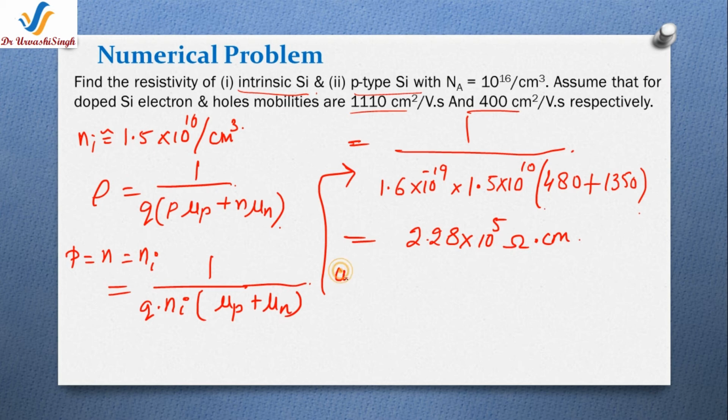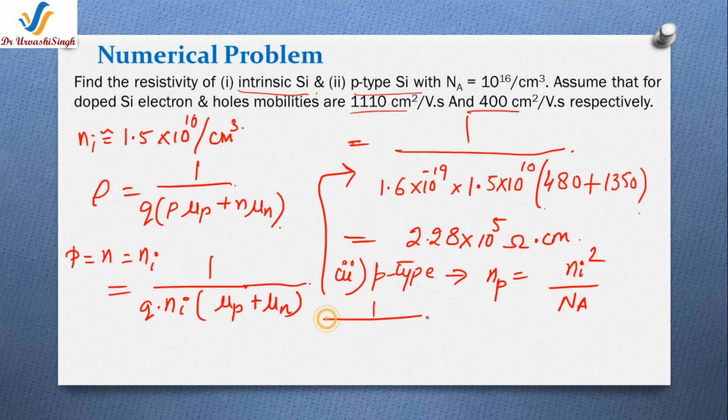Now for the second case, the acceptor atom concentration is given. So in p-type material, the electron concentration is given by Ni square upon Na. Just using this formula, the rest is the same.